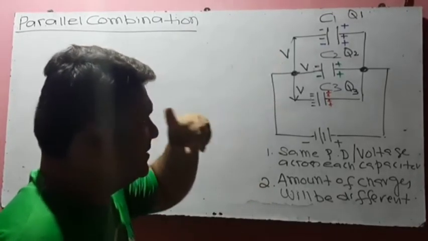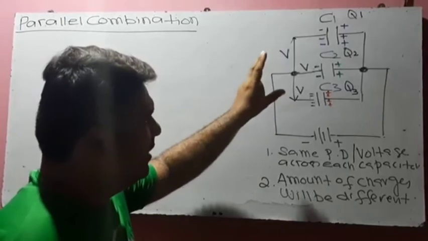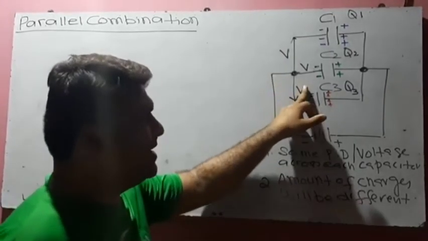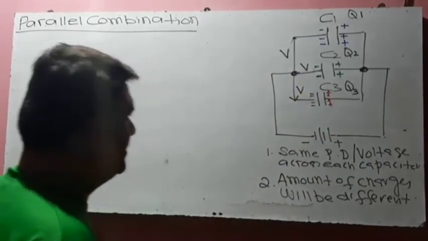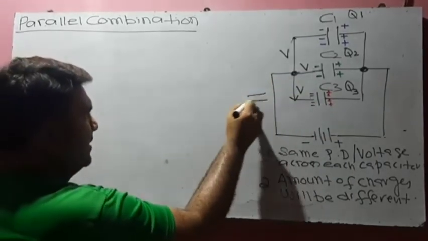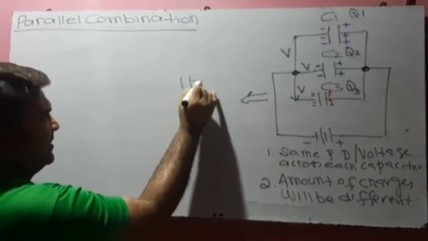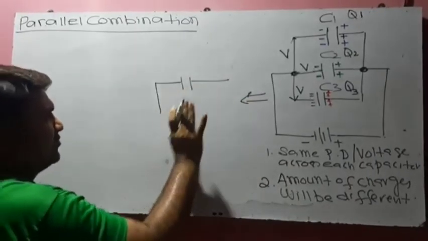Now these 3 capacitors will not work independently, but they will work as a single capacitor. So I write that suppose this is a capacitor which is equivalent to this combination.